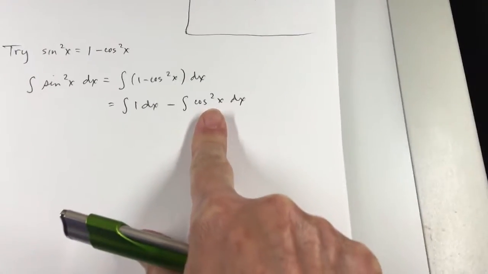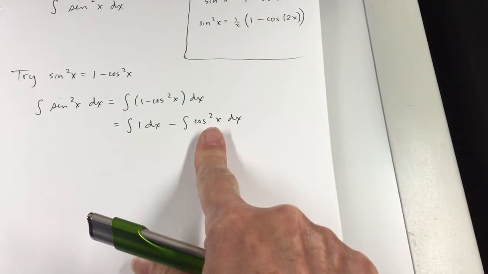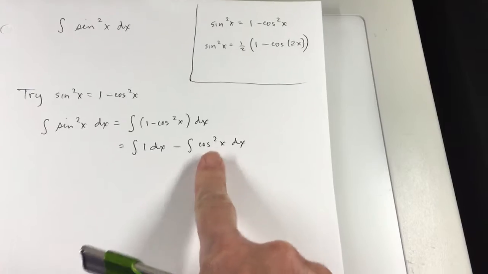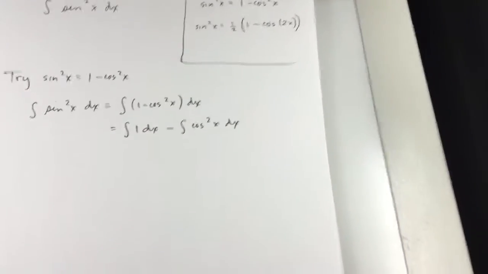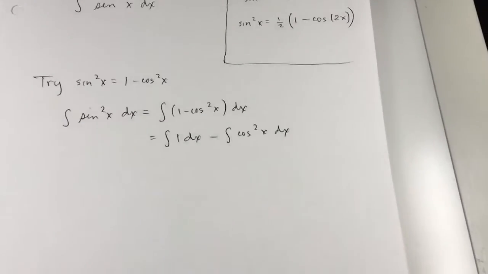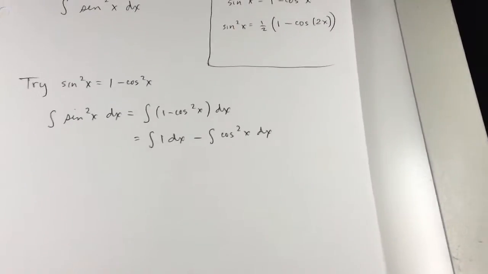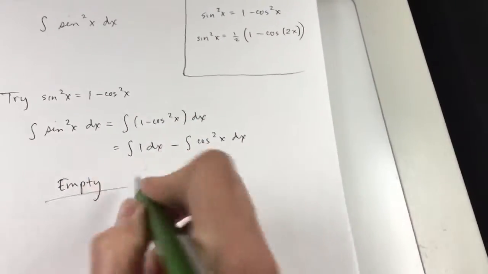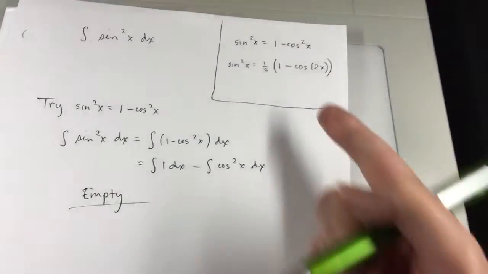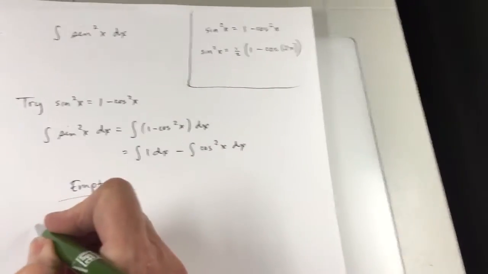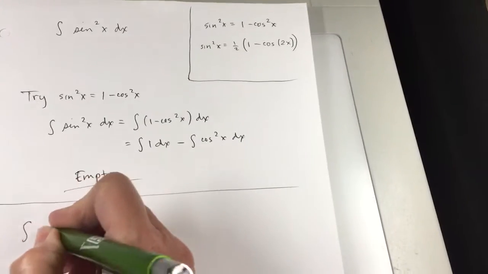And then I would try, cosine squared x is 1 minus sine squared x, correct? And I will end up getting something like x equals x or something like that. Okay, you can try it, but I'll tell you, we come up empty here. So we're going to have to use this other identity, the one that I talked about.